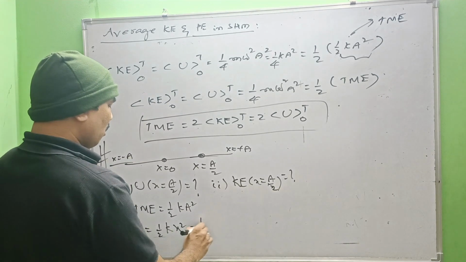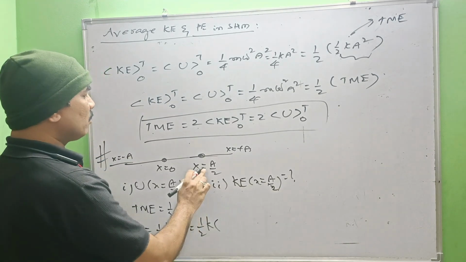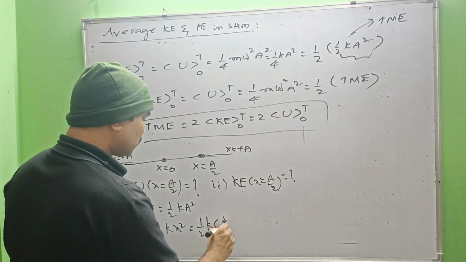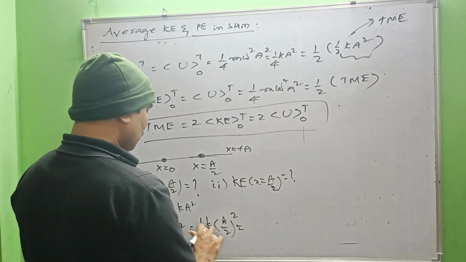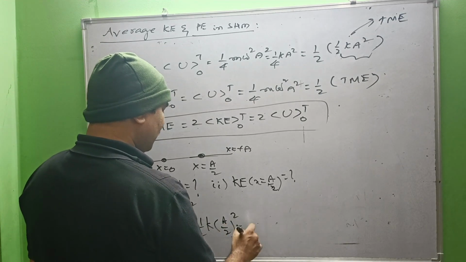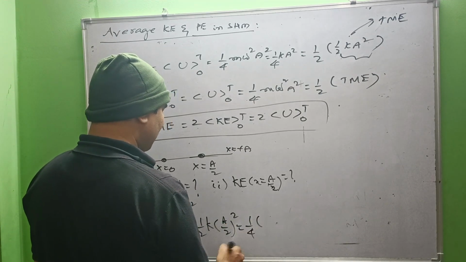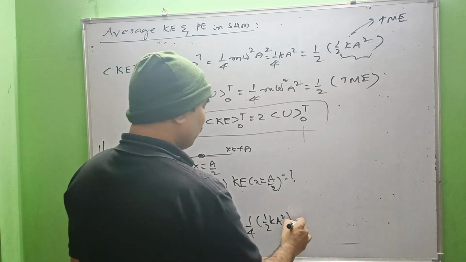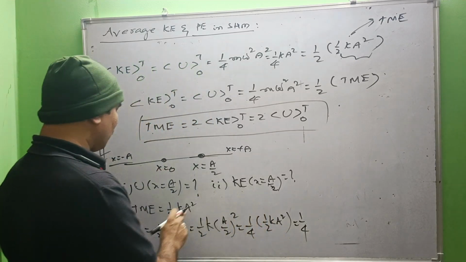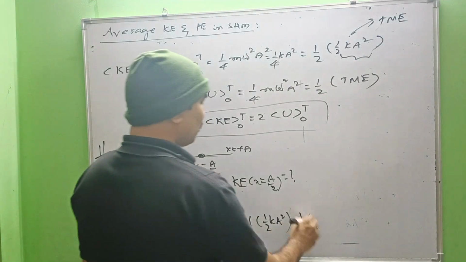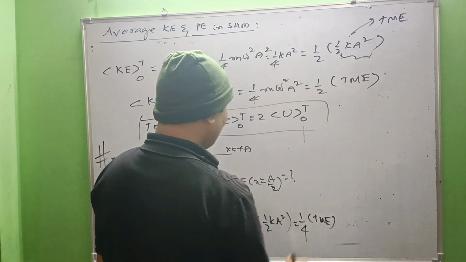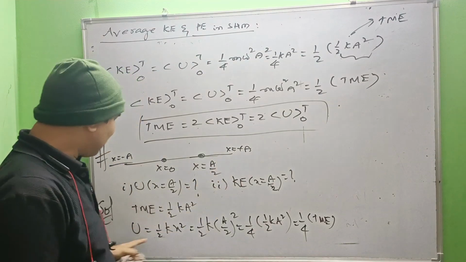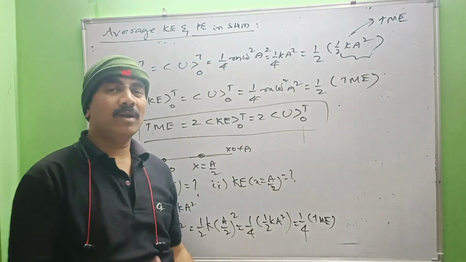Here x means A by 2, so A by 2 whole square is A square by 4. That is 1/4 kept outside, and 1/2 k A square kept common, which is the total mechanical energy. So at a position x equal to half of the amplitude, the potential energy of the particle is 1/4 of the total mechanical energy.